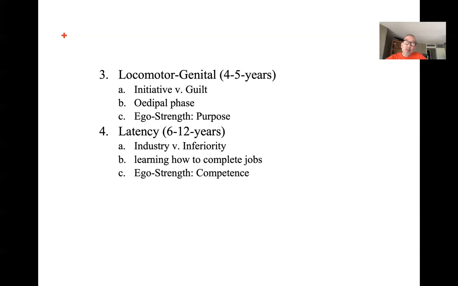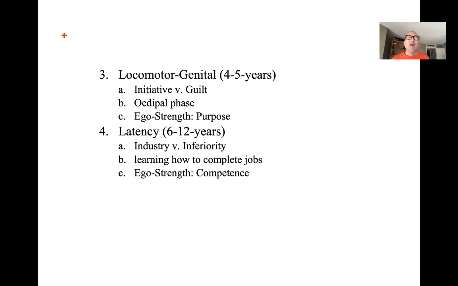Or are they going to develop a sense of inferiority? Yeah, being focused on when they make mistakes or what they can't do, as opposed to focusing on what they can do, or if they do have weaknesses, how to work on those weaknesses. Now, if they take the path of industry, they're more likely to develop the personality or ego strength of competence.